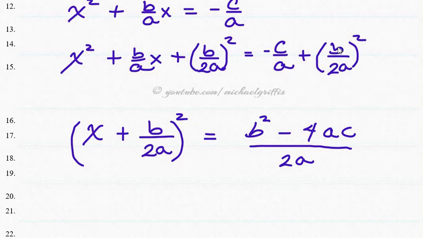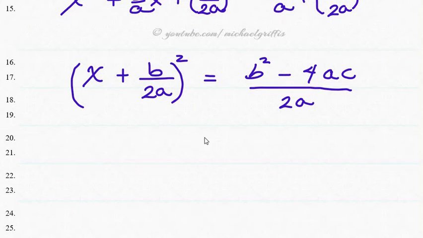So this would be b squared over 4a squared. You would get a common denominator and add the numerators. This is what you should end up with right here. As you can see, here's the b squared. You would multiply the top by 4, the bottom by 4. This is where the 4 is coming from, because 2 squared is 4. I'll let you work on that. We've got to move on here quickly.